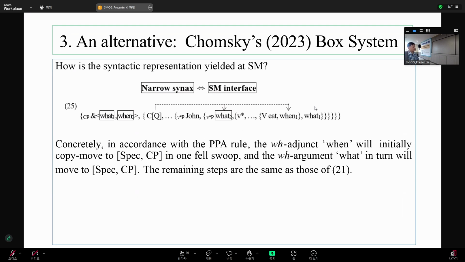So, concretely, the relation agent when will initially copy move to the specifier of CP in one fell swoop. Later, the relation argument what will move to the specifier of CP. The remaining steps are the same as those of 21. Again, this one is base related here. So we have two options for what and when, or when and what.